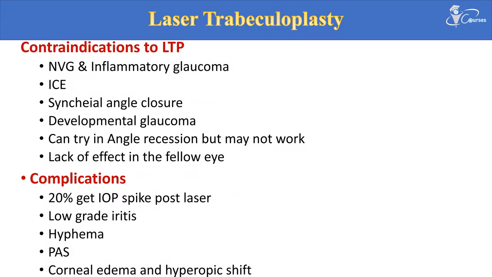So mostly you are doing it for non-complicated cases or virgin eyes with primary glaucomas, as they will show a higher incidence of success. Complications: 20% of patients will get high intraocular pressure after laser, and low-grade iritis, as I told you, it will cause inflammation. Also, it causes hyphema and peripheral anterior synechia. It can cause peripheral anterior synechia itself, and cause corneal edema and hyperopic shift.